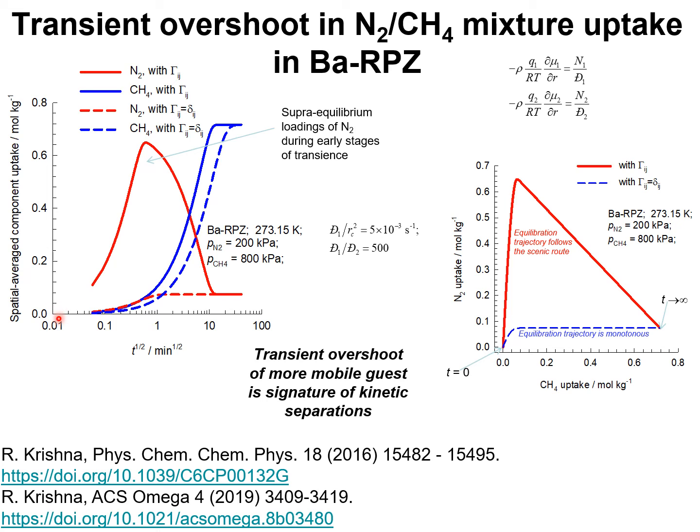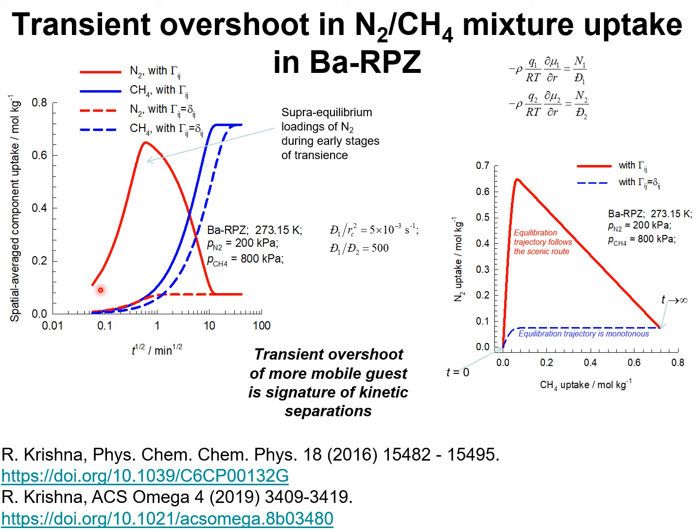The two sets of simulations with and without thermodynamic coupling are summarized in this graph, in which the spatially averaged component uptakes are plotted against square root of the time. The continuous solid lines are the simulations in which thermodynamic coupling effects are duly accounted for, and the dashed lines are the simulations in which the thermodynamic correction factors are ignored.